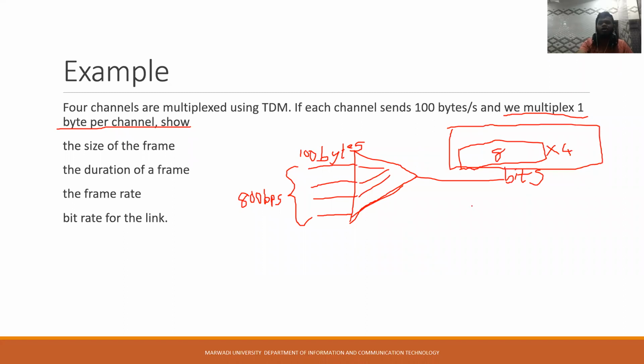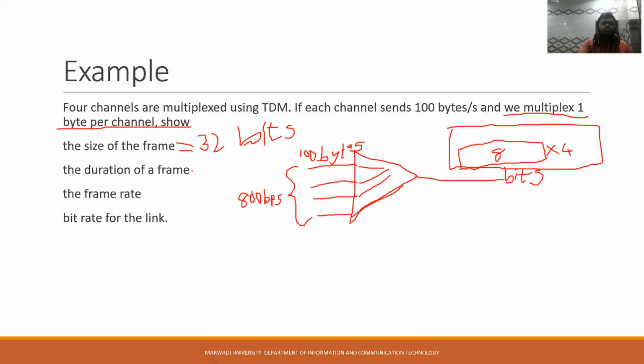So 4 bytes, that would be 8 times 4 bits, that is 32 bits. So each frame would be having 32 bits. Okay, so we are multiplexing 1 byte per channel. So each frame would contain 4 bytes. So 4 bytes, we have converted that to bits, that is 32 bits.